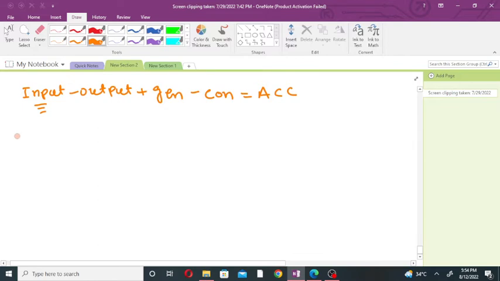So the molar flow rate of component A entering the system at x position is Fa at x. The molar flow rate of component A entering the system at y position is Fa at y. The molar flow rate of component A entering the system at z position is Fa at z.